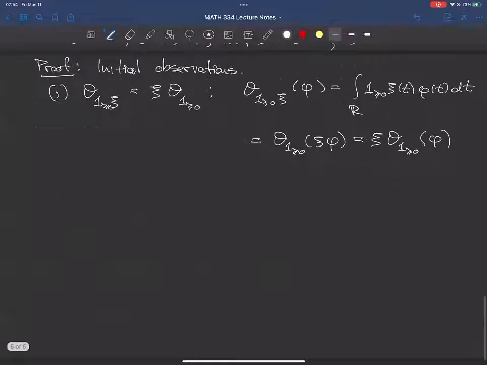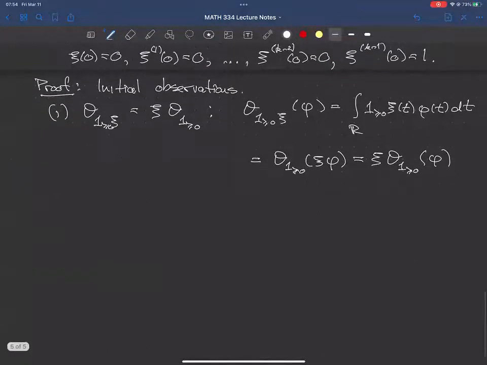Okay, another observation. And this observation is a general one about distributions that are obtained as products of infinitely differentiable functions and distributions.